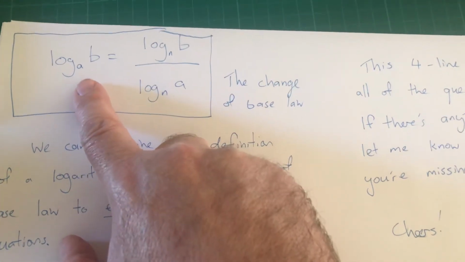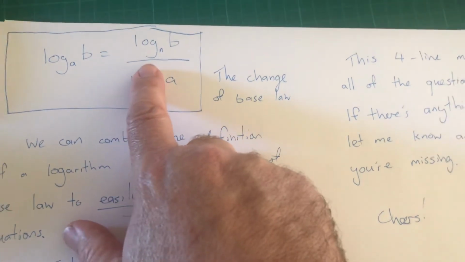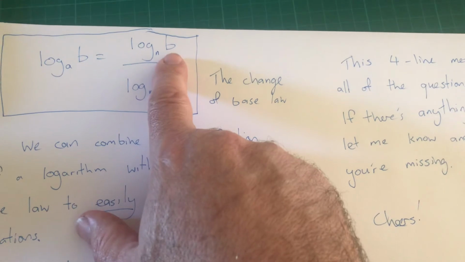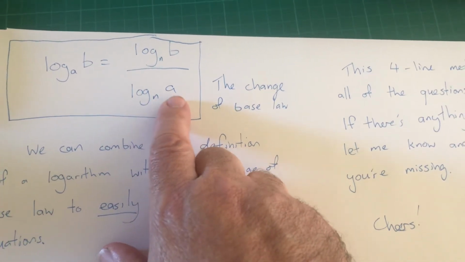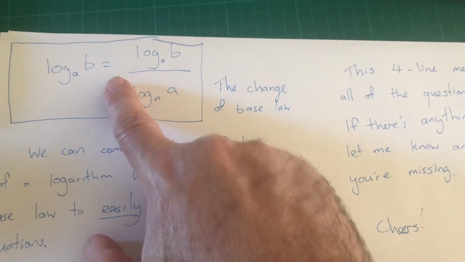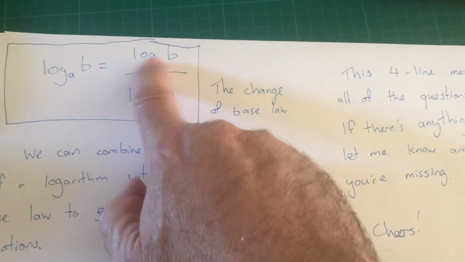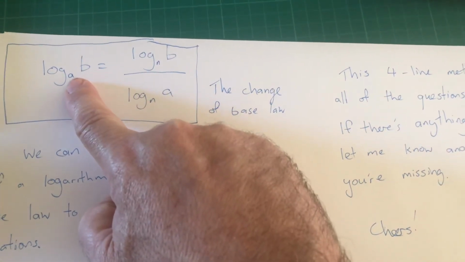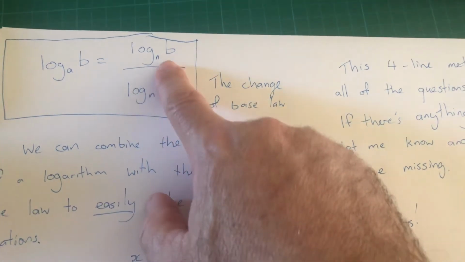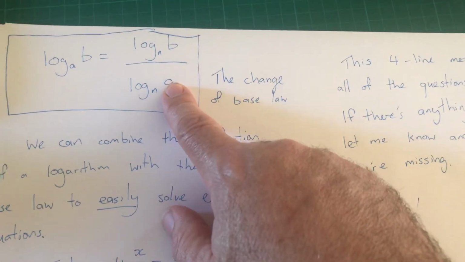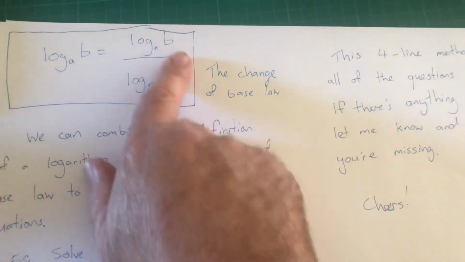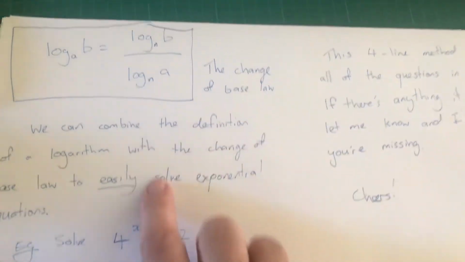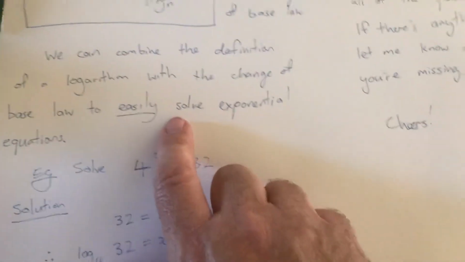So log base a of b is log base n of b divided by log base n of a. The big number goes up the top, and the base number, the little number, goes down the bottom. We can have any base there that we like. This is the change of base law. Okay, so let's move on.